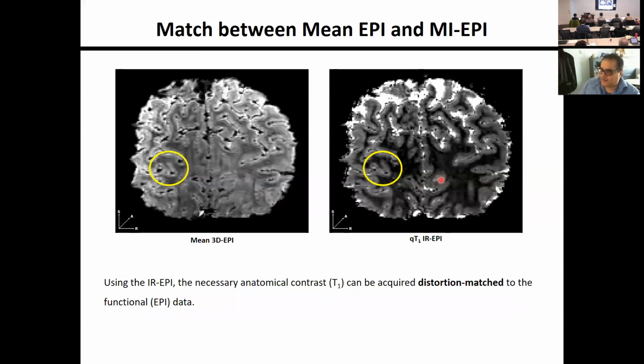Now, if we take the same approach as I have shown you, this time on the right you see not the MP2RAGE, but the quantitative T1 from inversion recovery. And if you look at the same structure here, this oblique one, it's the same in both images. So at first glance, this seems to have worked.